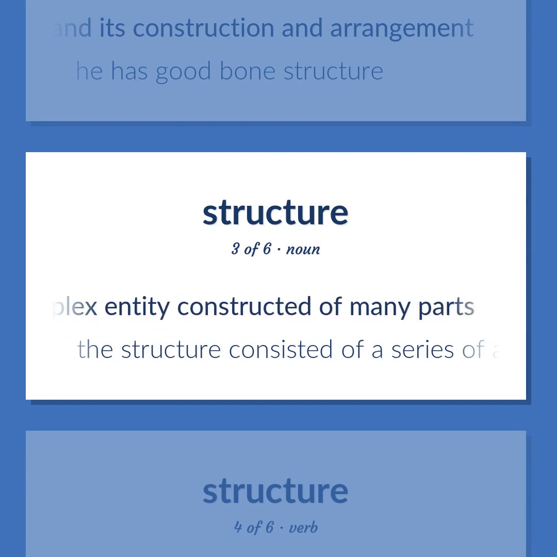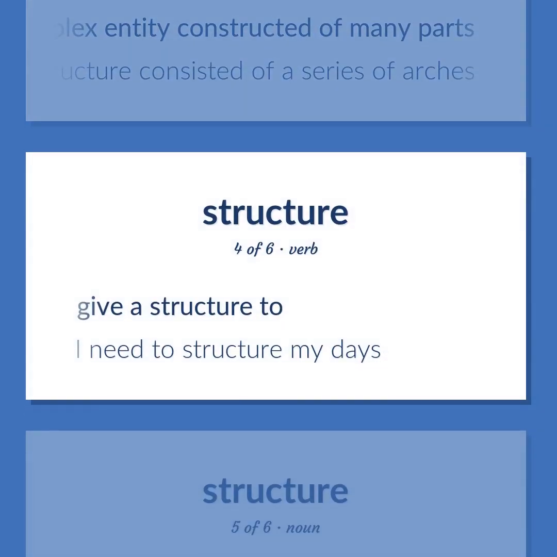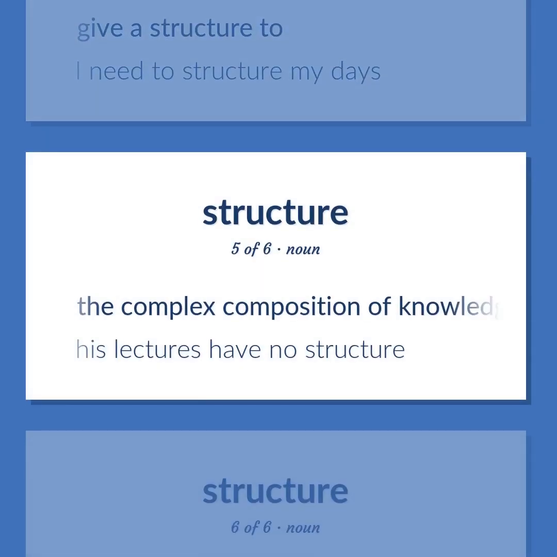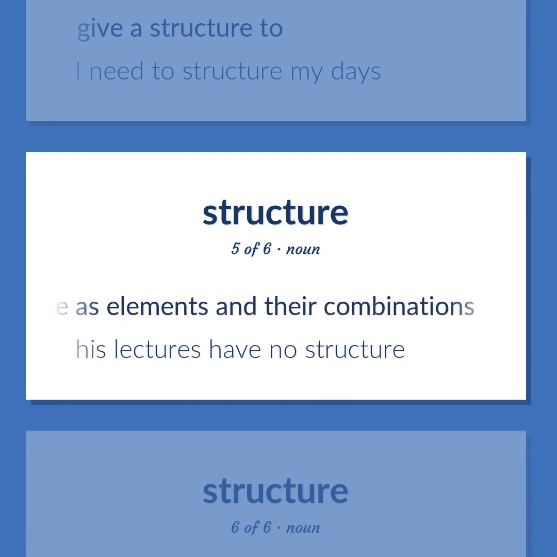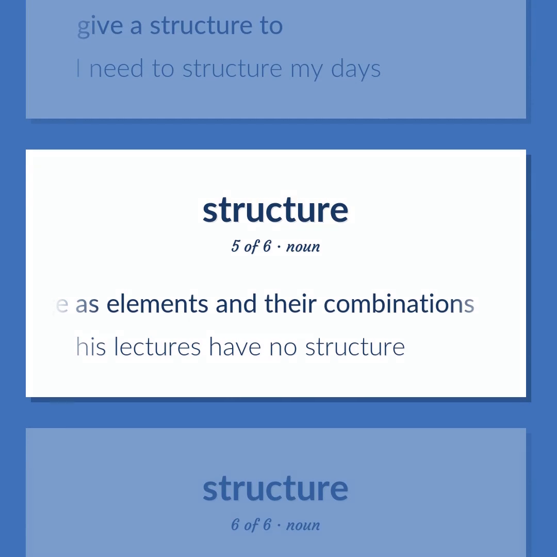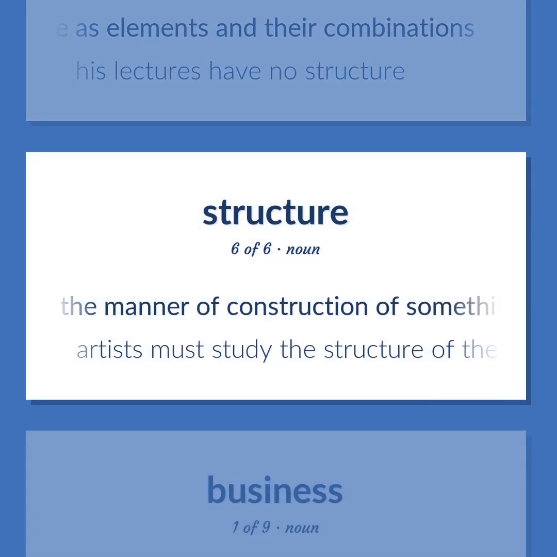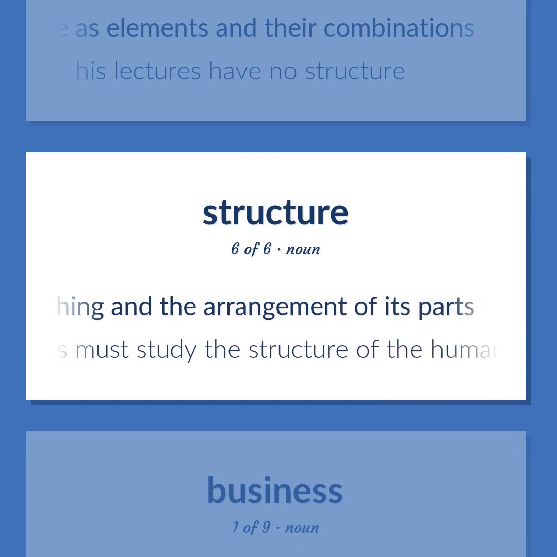The structure consisted of a series of arches. Give a structure to. I need to structure my days. The complex composition of knowledge as elements and their combinations. His lectures have no structure. The manner of construction of something and the arrangement of its parts. Artists must study the structure of the human body.